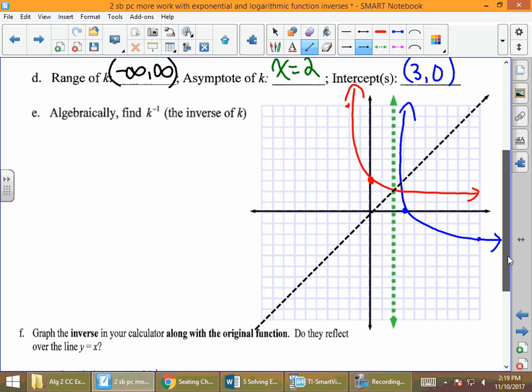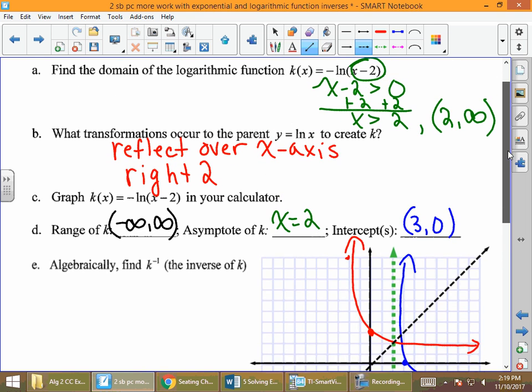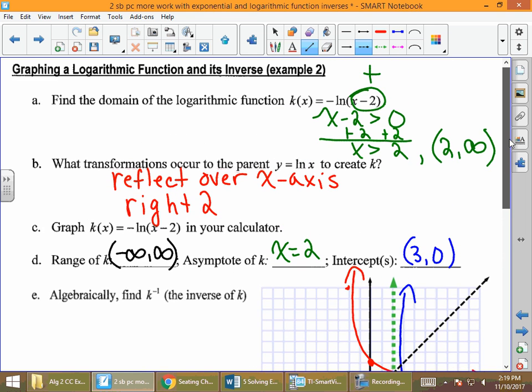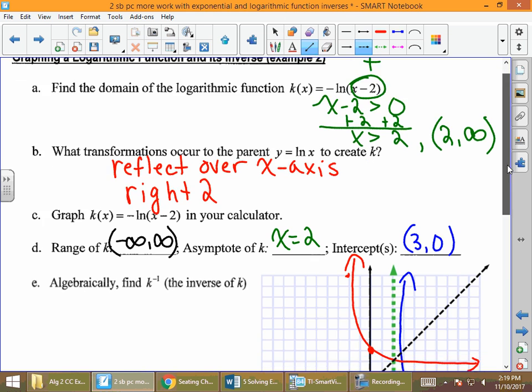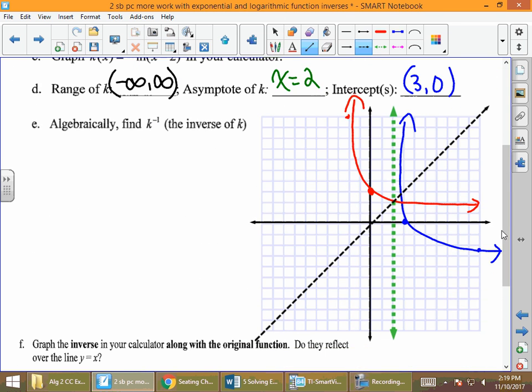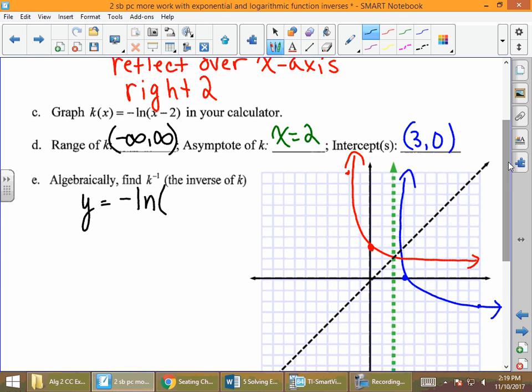But it seems reasonable. What we need to do to find our inverse here, algebraically, is instead of writing f of x, write y. This is going to be y equals negative the natural log of x minus 2.